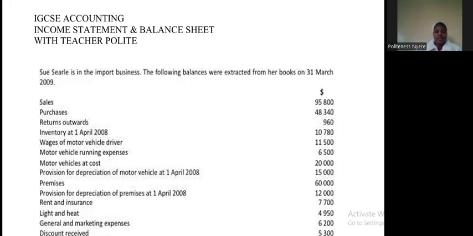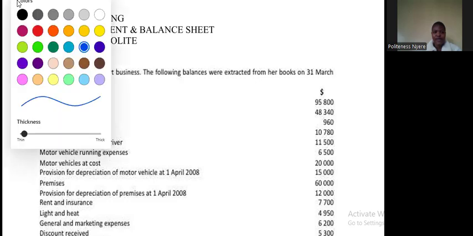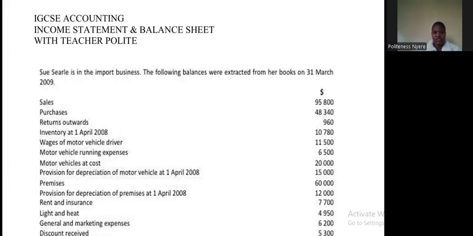Okay, so let's read the question. Firstly, you have to read the question and understand what the requirements of the question are. In this case, Sele is in the import business. The following balances were extracted from your books on 31 March 2009. When it comes to accounting, dates are very, very important, so you have to make sure that you take note of the dates.